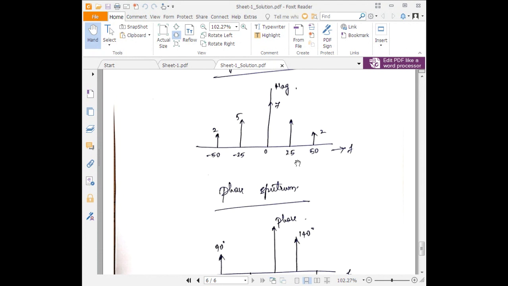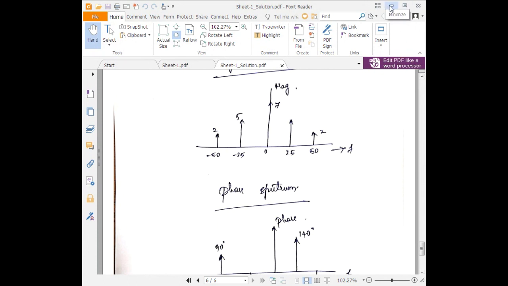Why 25? Isn't the formula maximum minus minimum? Yes, maximum minus the minimum. 50 minus 25 is 25 hertz is the bandwidth. That's it. This is bit number A.